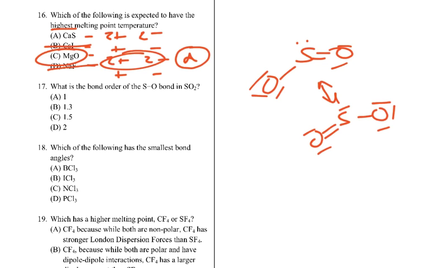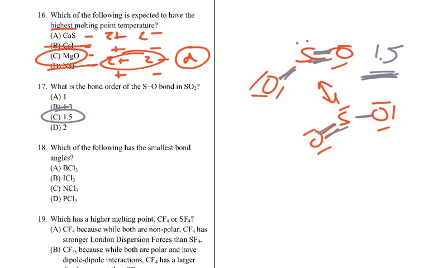It's 3 pairs of electrons. The question is, how many pairs of electrons are holding these together? We have 3 pairs of electrons over 2 situations, so that's 3 divided by 2, a bond order of 1.5. If we had 3 resonance structures, it'd be 1.33. And remember, a single bond is 1, a double bond is 2, and this is somewhere between those two, it's 1.5.